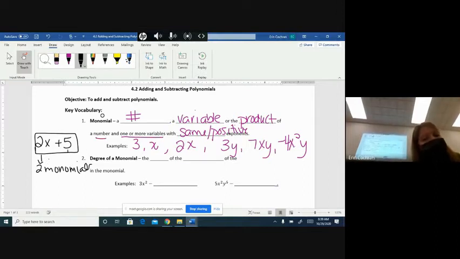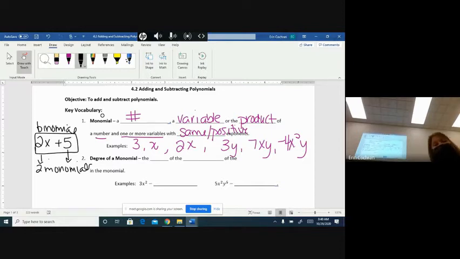We have 2x and we have 5. So the plus or minus kind of separates the monomials. Since there are 2 monomials here, guys, this is actually known as a binomial. So if there's 2 terms, 2 monomials, more specifically, then it's kind of a binomial.